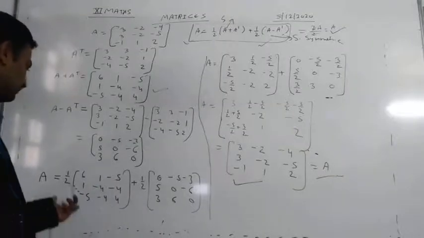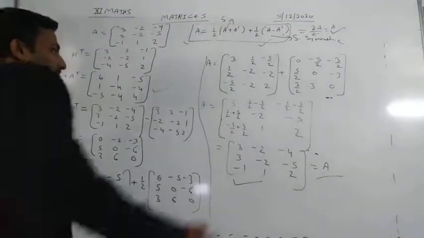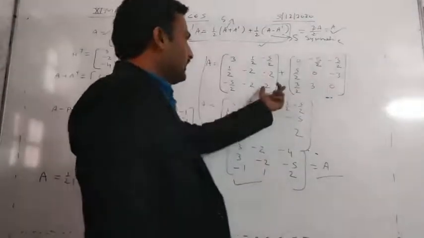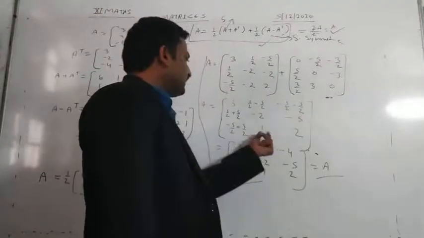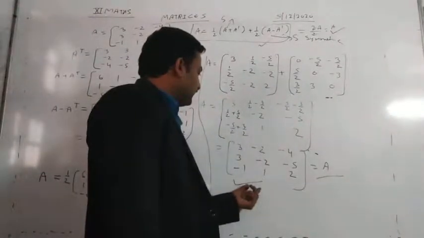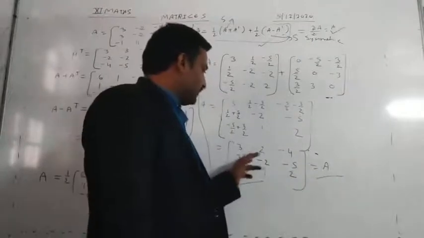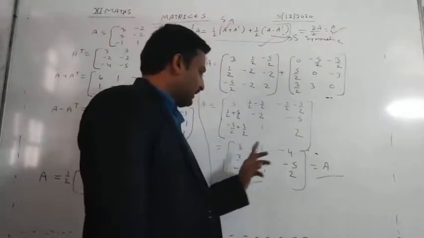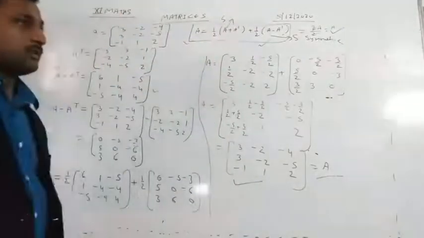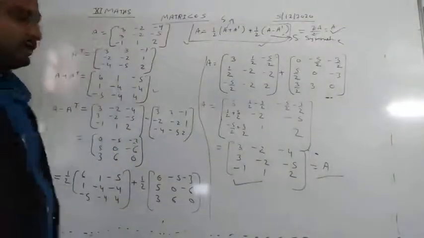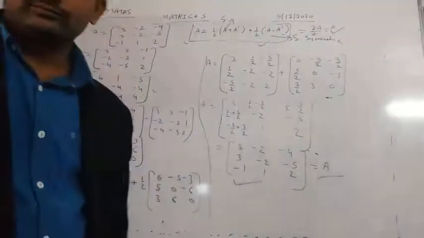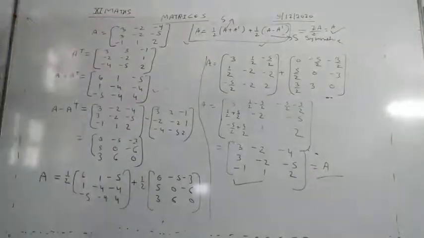We get this matrix, and when we sum these two matrices and calculate, we get the matrix 3, minus 2, minus 4, 3, minus 2, minus 5, 1, 1, 2, which is equal to A. That will be our matrix A. So this is what we had to show. I hope you understand, friends. Now we will see the next question.